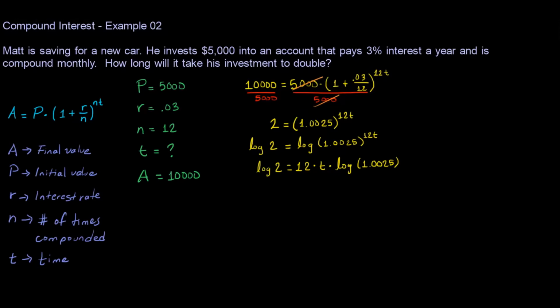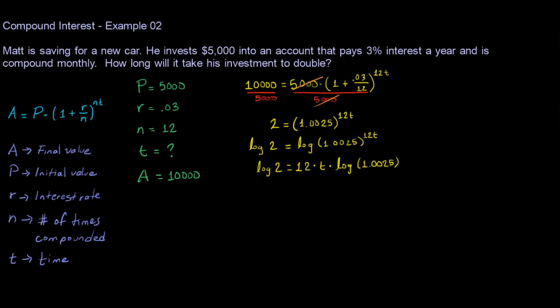Now we have this numerical value, this numerical value, and this one as well. So we only have this t as the unknown variable, and we can solve this out.